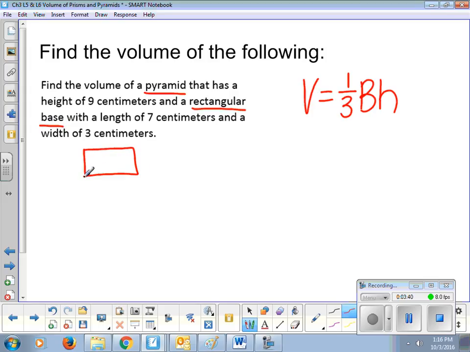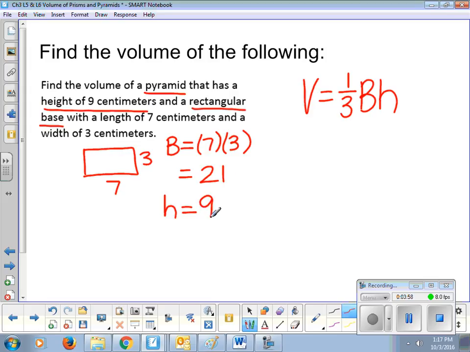If you want to draw your shape of the base, we have a rectangle that's 3 centimeters by 7 centimeters. When you find the area of the base, we're going to be multiplying 7 times 3, which gives us 21. And it tells us that the height of the pyramid is 9 centimeters, so we're going to use 9 for h.